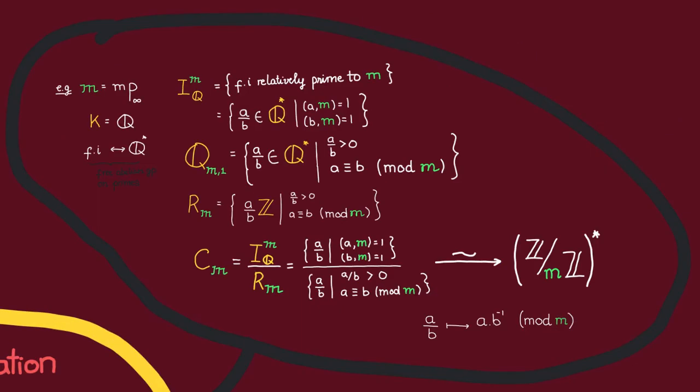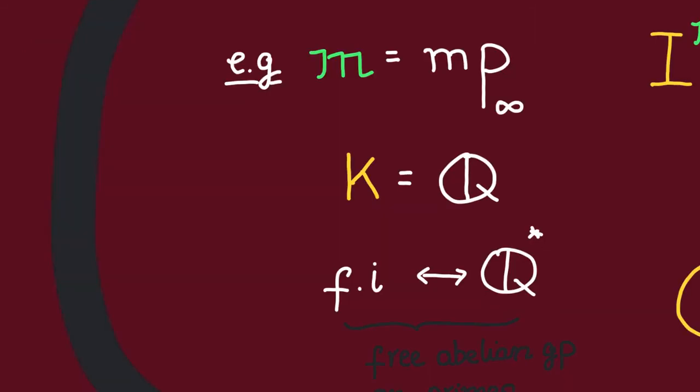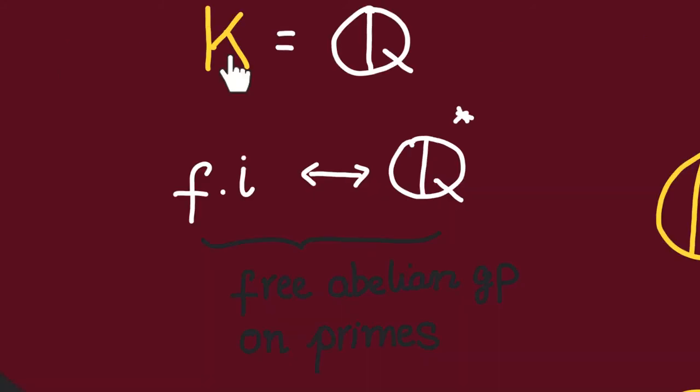Now, let us show that it also generalizes (Z/MZ)*. To that end, let us assume that K is Q, and let's choose our modulus to be the product of some integer M with the infinite prime corresponding to the natural embedding of Q into R. Observe that when K is Q, the fractional ideals of K just correspond to elements of Q*.